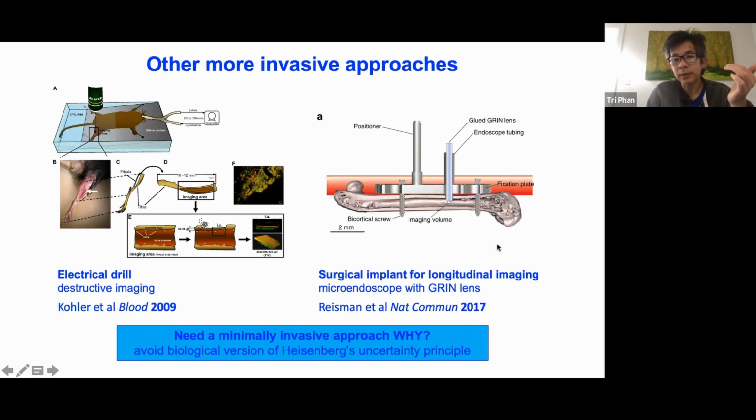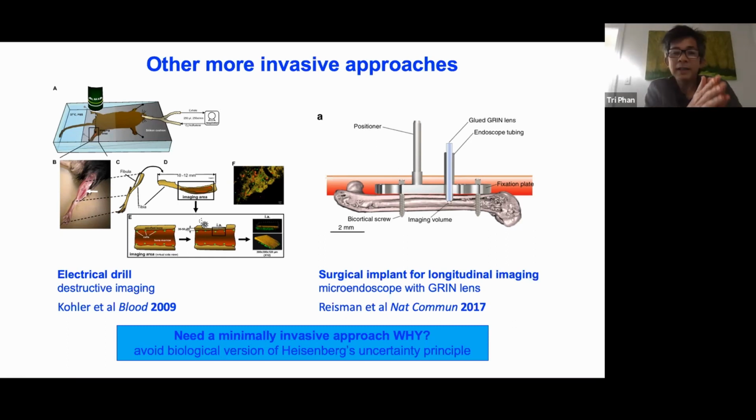And in this example, developed specifically for long-term longitudinal imaging, they use a surgical implant, essentially tubing that will allow you to use a microendoscope with a GRIN lens to then image the bone marrow space.